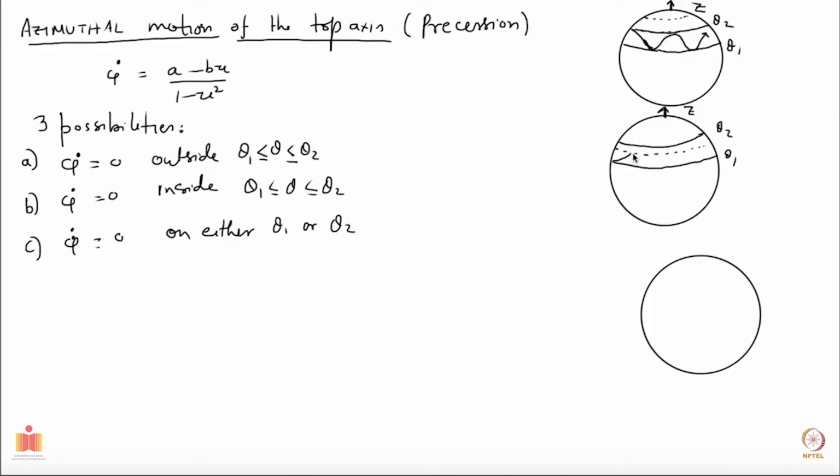So let me do it again. It becomes 0, so it has to become like this, and then because it became 0, after that it has to change sign. So here the derivative is 0 at this point, and that's why you get this slope to be 0 if you view it with respect to theta. And then it has to become negative, but after a while it touches the boundary and has to come like this.